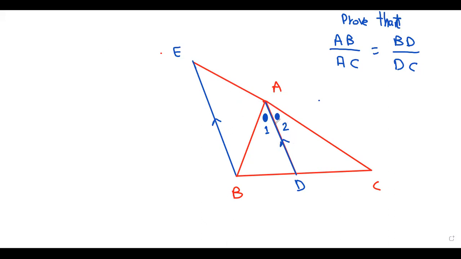If we look at the two parallel sides, you'll find that you have two alternate angles. The size of this angle, 3, is equal to the size of angle 1. Why? Because they are two alternate angles.